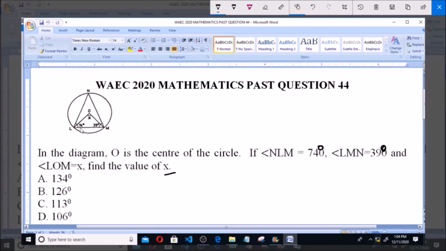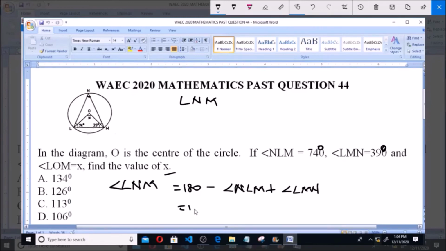Now looking at this triangle LNM, it has here 74 and here 39 degrees, so we can actually find the angle LNM. Angle LNM, which is this angle here, is equal to 180 minus the sum of angle NLM and angle LMN.